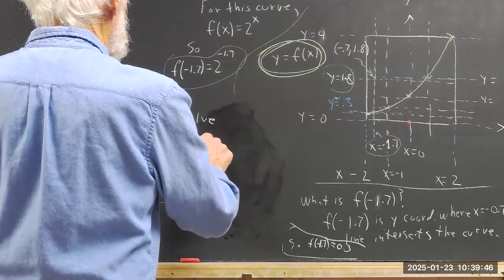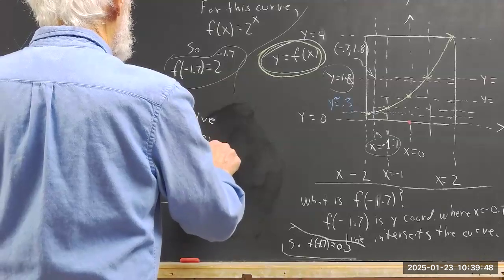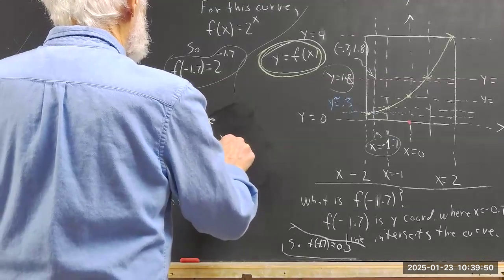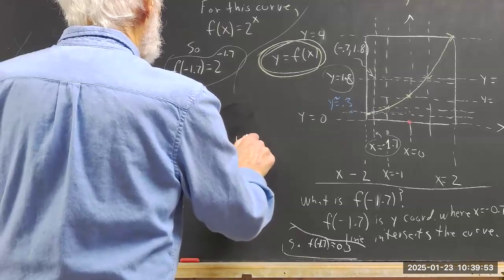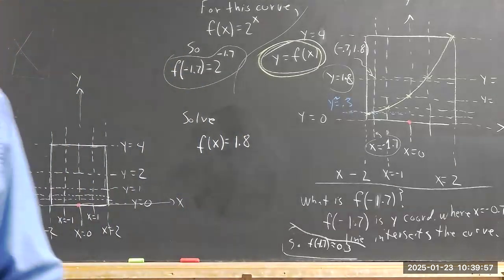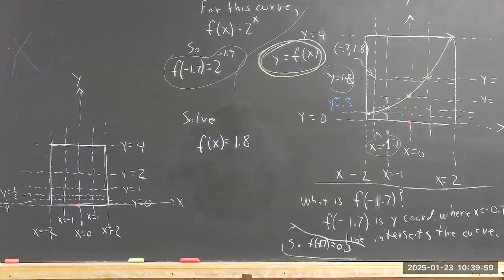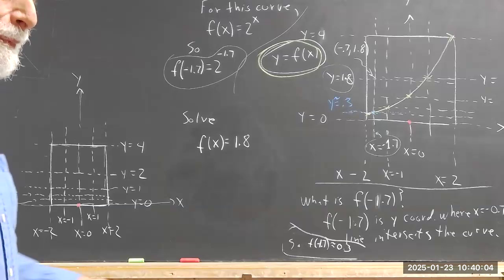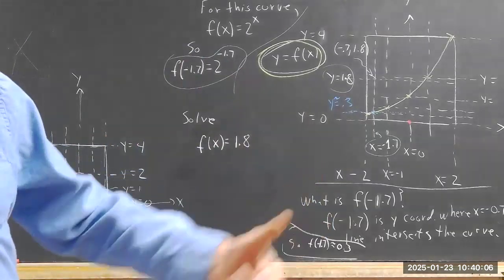Solve the equation f of x equals 1.8. Now, what do I mean by that? Well, I have to explain it to you, because you're probably not going to make the jump.